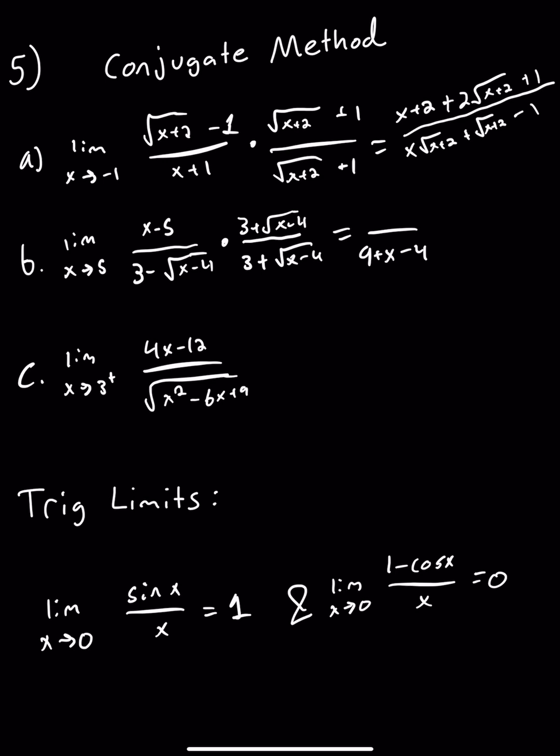And as you can see, when you put in 5, it's going to be 9 plus 5 minus 4, which is over 10, which means the top, whatever it is, is a real number. I'm not going to solve it out because I did it up here. But basically, you're just looking at the bottom to make sure it's a real number. There's nothing on the top unless it goes to the negatives, which is not going to be real. And it's going to end up being the same with this. You're just going to multiply it by the negative version of this. And that will give you the answer.